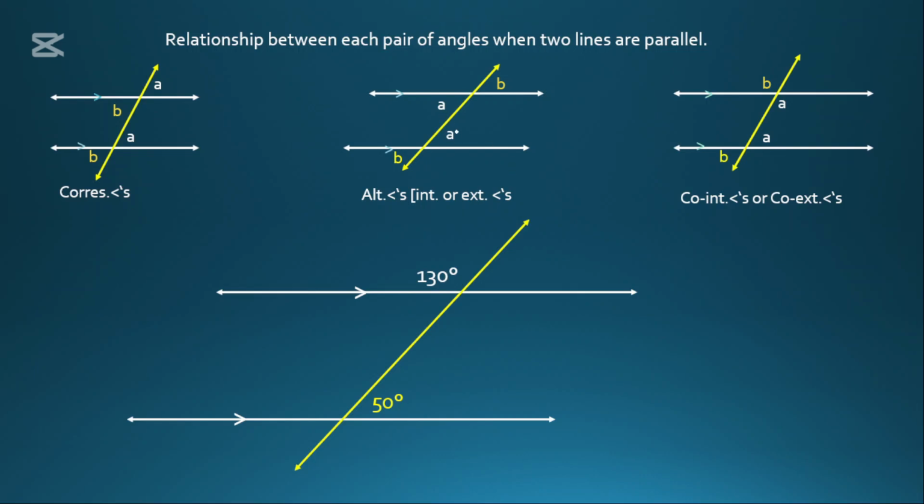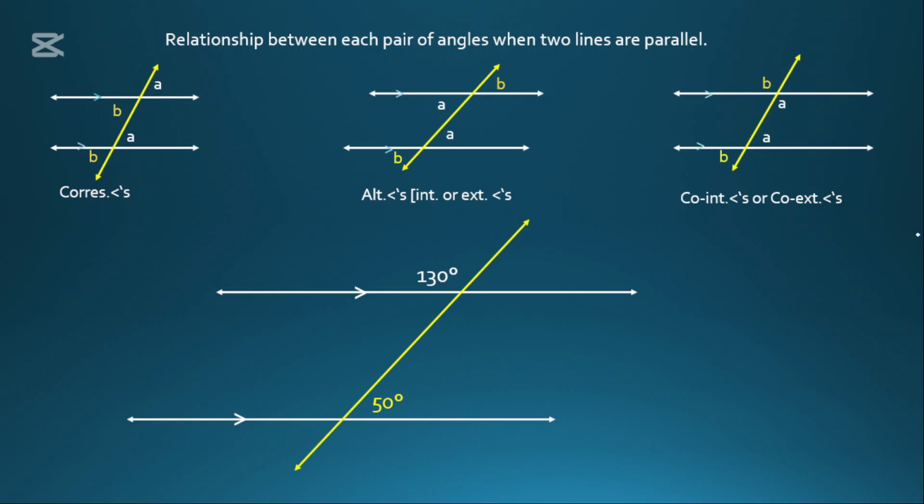In between on different sides, alternate interior angles; alternate on the outside, both exterior, and on opposite sides, alternate exterior angles. Then we have our co-interior angles, same side of the transversal, or they are both in between the parallel lines or outside the parallel lines.